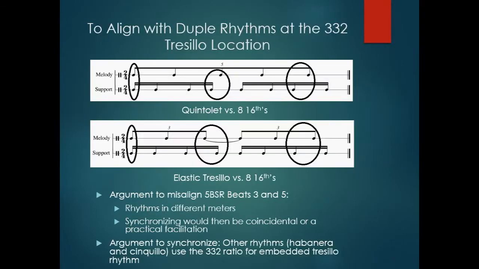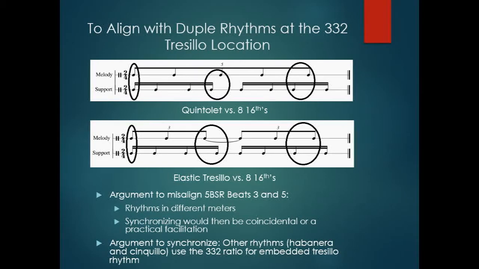Now if we look at the alignments of these with the 16th notes, the 3-3-2 tresillo rhythm, I've circled on these figures here. So the tresillo rhythm is located in the circled notes.